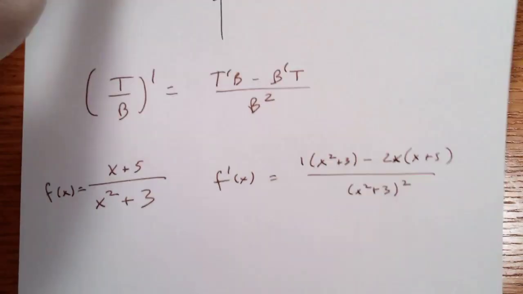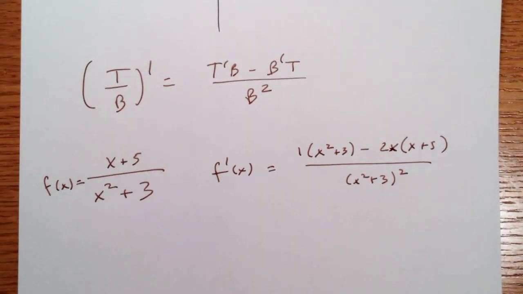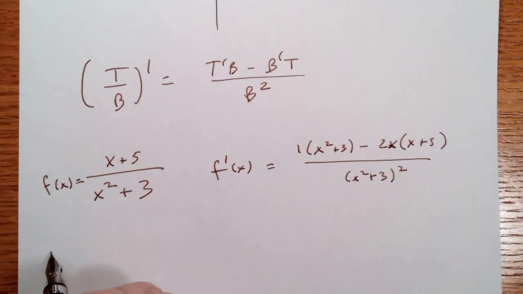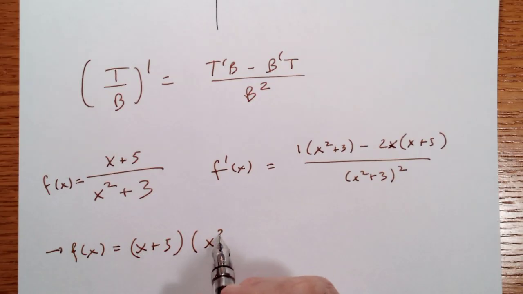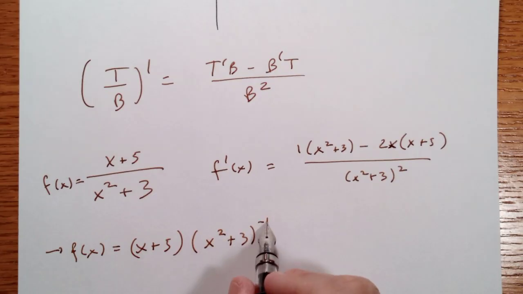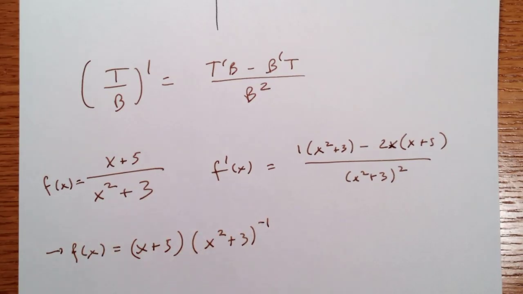But what if I didn't write this as a quotient, but I instead wrote it as ugly to the minus 1 by bringing it out of the bottom? That's a product rule now.